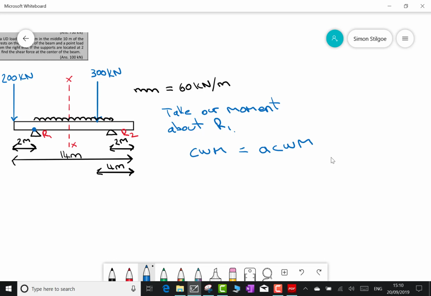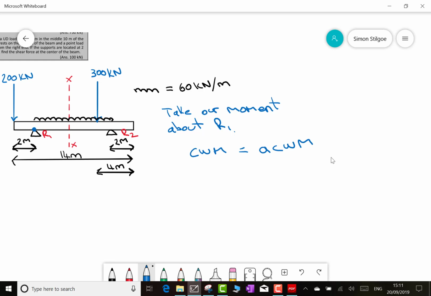Working from the left-hand end, my 200 kilonewtons at R1 would be acting in an anti-clockwise direction, so I can skip over that one as I'm only interested in clockwise ones at the moment. Looking to the right of R1, we get our distributed load, which also acts downward, in a clockwise direction, so I need to pick this one up.